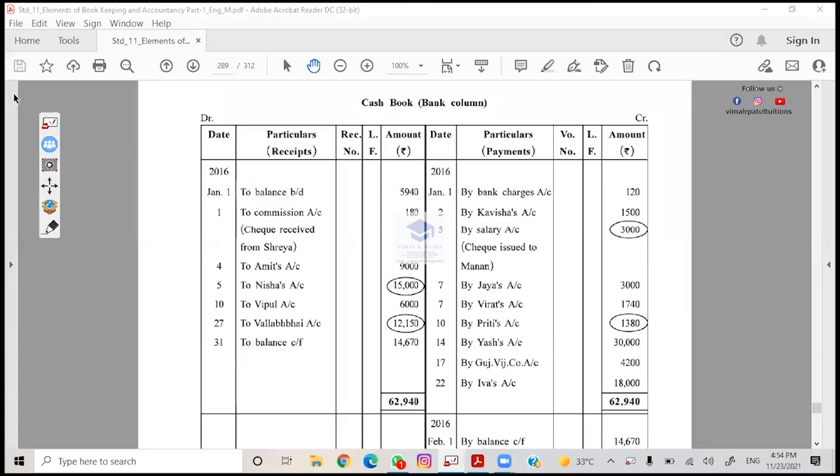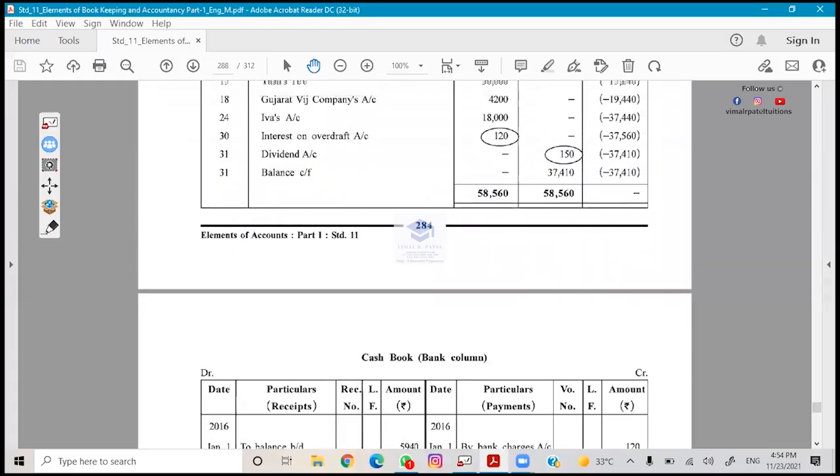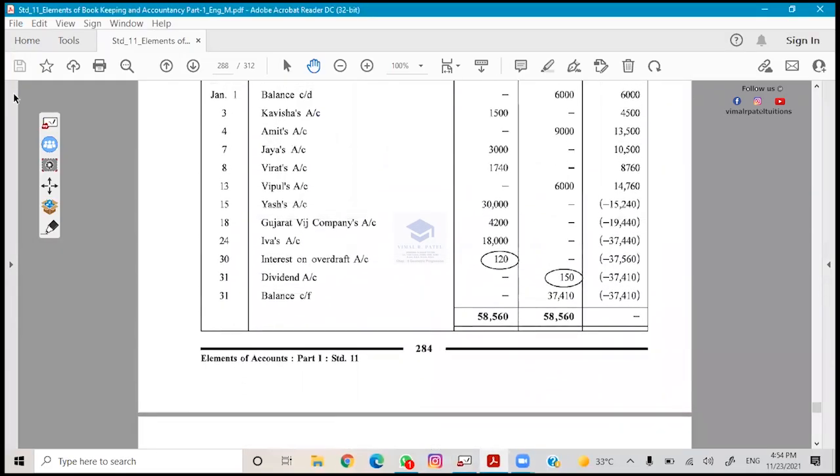Then let's look out for passbook. Two transactions, dividend and overdraft.